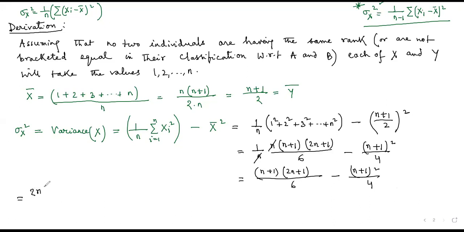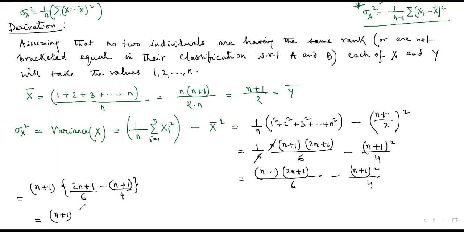You can do one thing for simplicity: you can take n plus 1 common. If I take n plus 1 common, we are going to get (twice n plus 1) by 6 minus (n plus 1) by 4. And then I'm going to take the LCM from here.